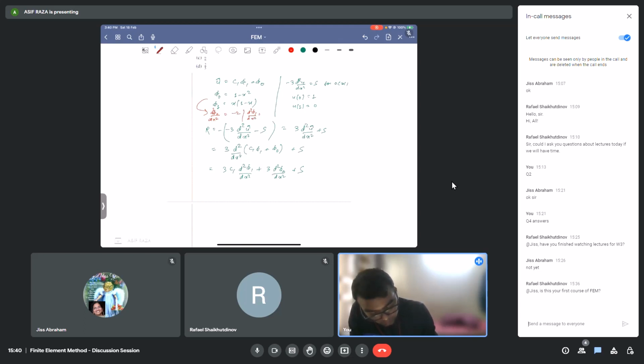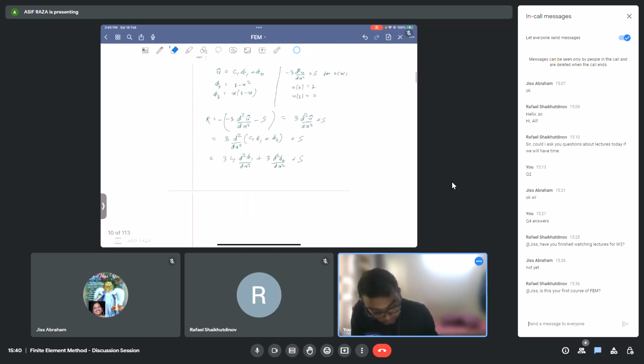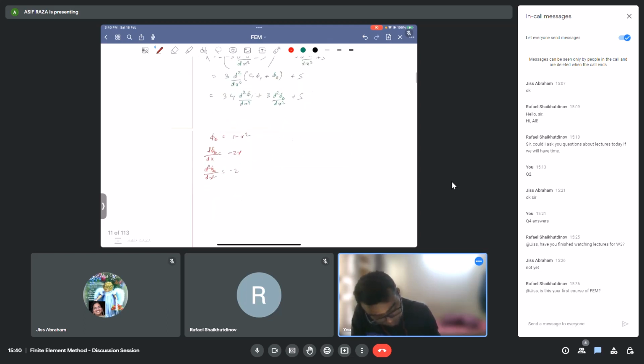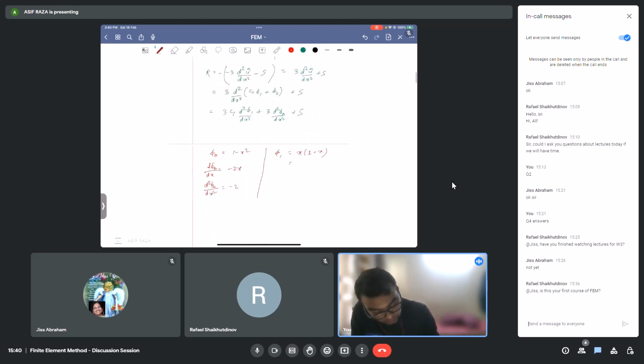And the second derivative of phi 1 would be what? Okay, first derivative, wait, I should solve it step by step. We have phi naught as 1 minus x square. So d phi naught by dx would be minus 2x, and d square phi naught by dx square would be minus 2. Phi 1 is given as x times 1 minus x, right? This can be written as this.